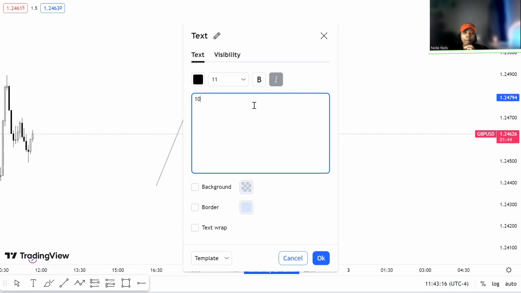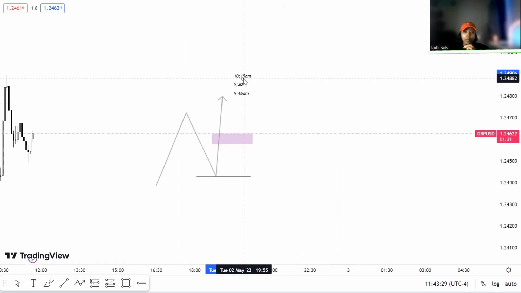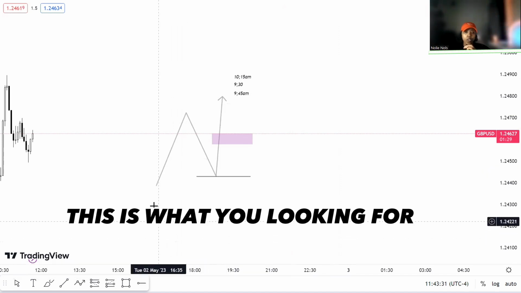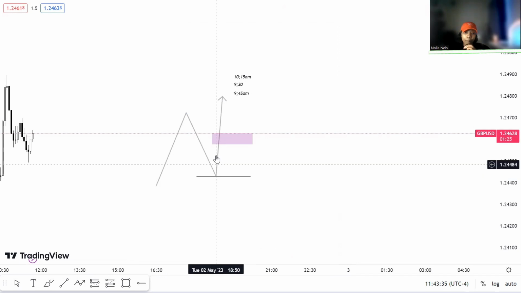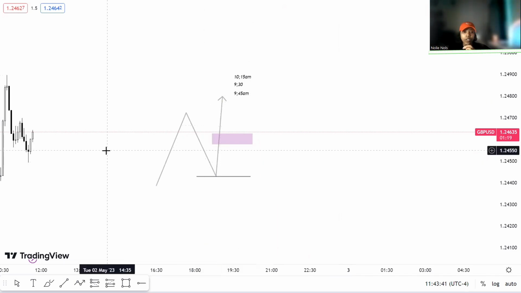So you look at the time at 10:15. You would take the trade till 11 o'clock, okay? So this is what you're looking for. One price to push up, one price to push down, push up, come back down to your fair value gap, and then give us an optimal trade entry.